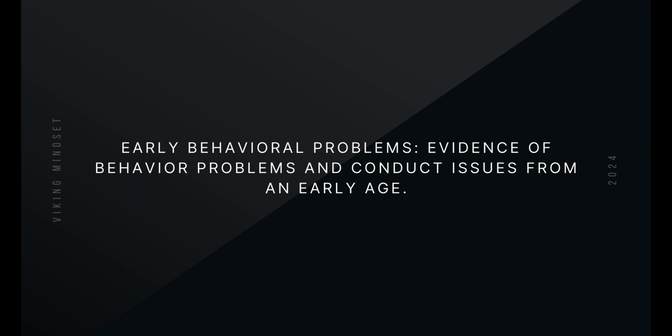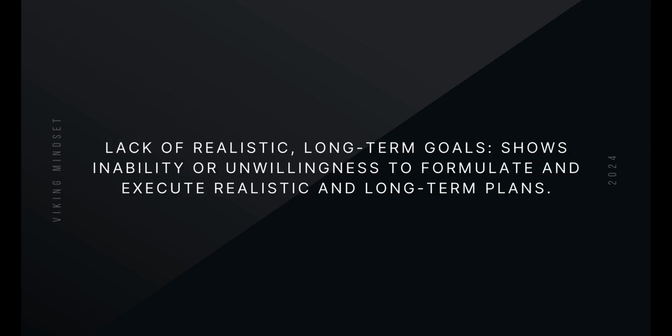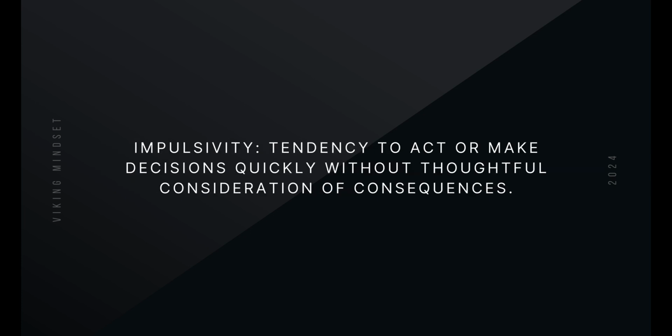There is always evidence of behavioral problems and conduct issues from an early age. Lack of realistic long-term goals. Psychopathic people show inability or unwillingness to formulate and execute realistic and long-term plans. They're extremely impulsive. Psychopathic people have this tendency to act or make decisions quickly without thoughtful consideration of consequences.